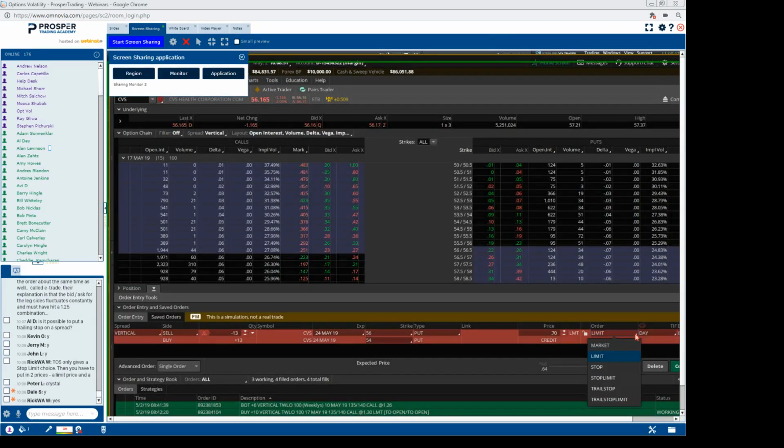You can see the order possibilities. Market, limit, stop, stop limit, and then trailing. So Al, yes, you can do that. That's a different discussion that we can get into. Okay, so Rick, you should see stop in addition to your stop limit choice.